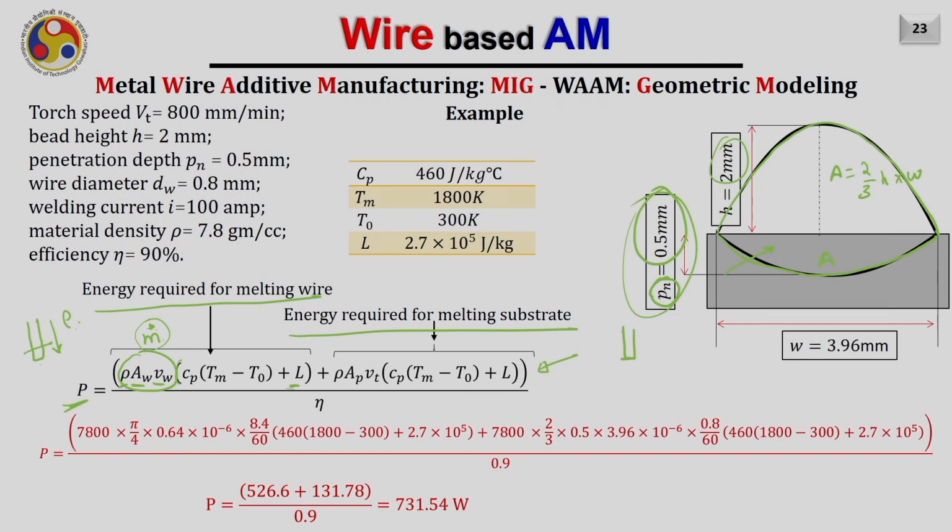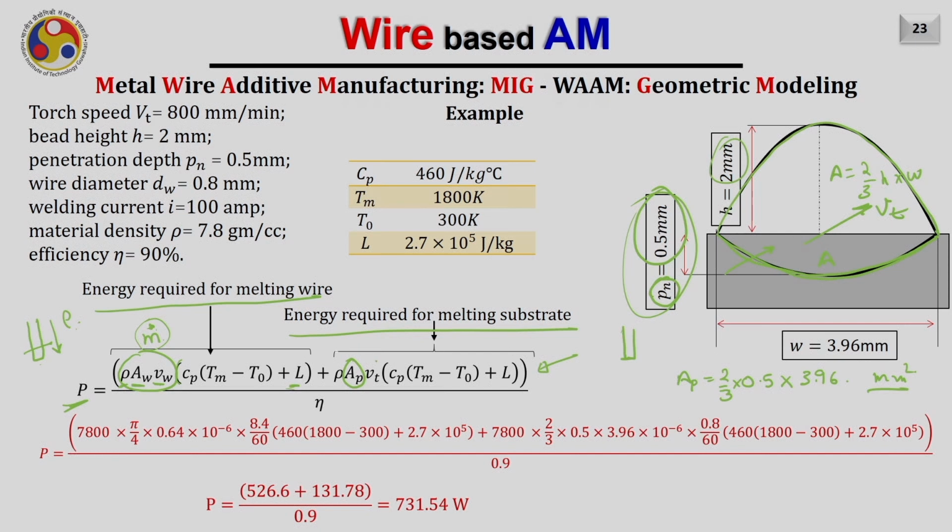Now the energy required for melting the substrate can be given like this. We are moving on the substrate with the speed of Vt and getting this much penetration on the substrate. Therefore, the cross-sectional area of the penetration, A_P, can be calculated as 2/3 multiplied by the depth of the penetration, 0.5, into the width, 3.96, which gives the area in mm squared.